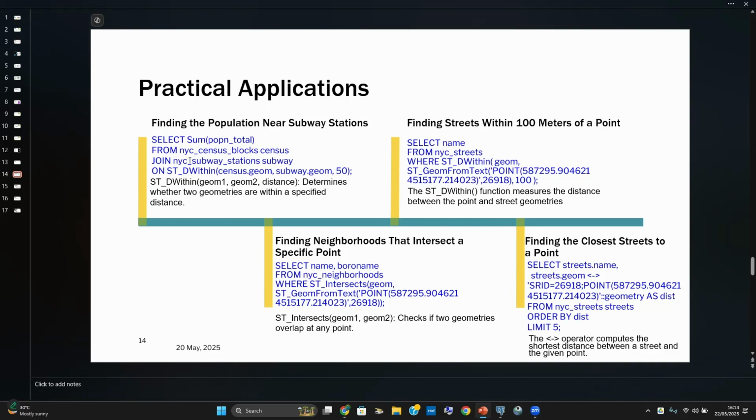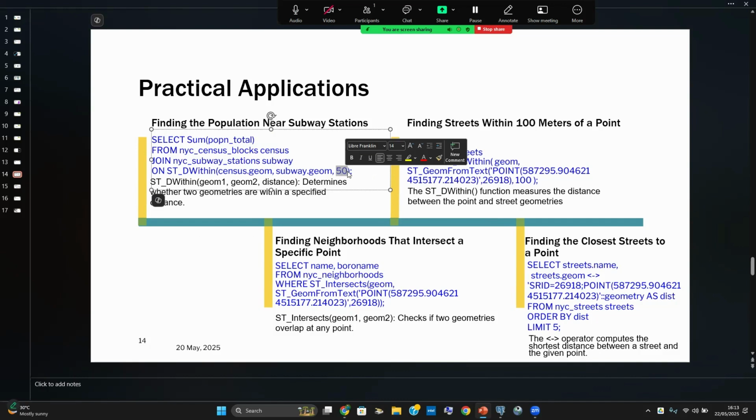So the within function checks to see if a census block falls within a 50 meter radius of any subway station. And then it aggregates, look here, the total population of those census blocks, revealing how many people live near the subway station.